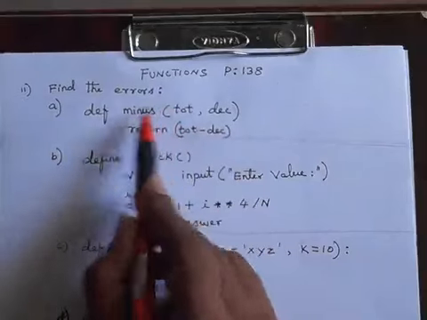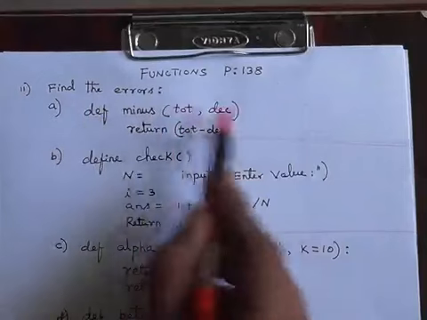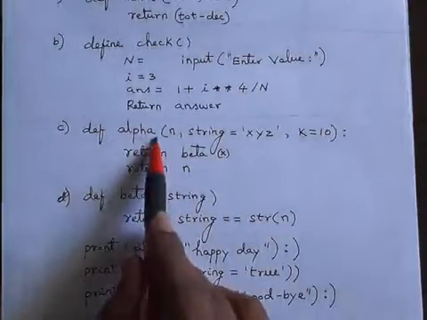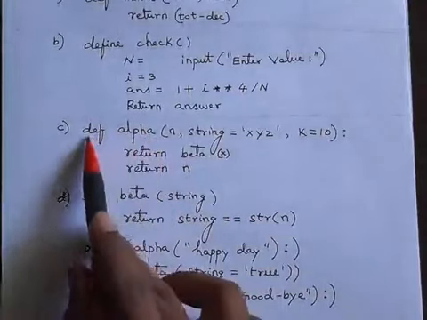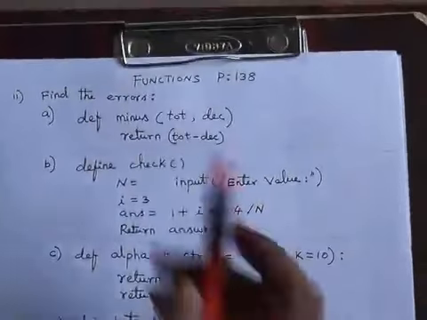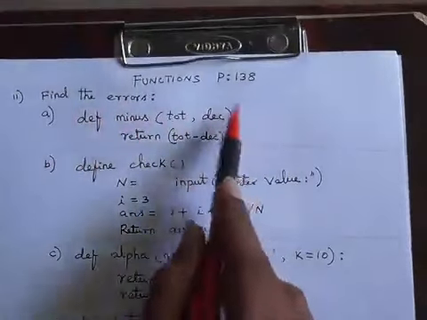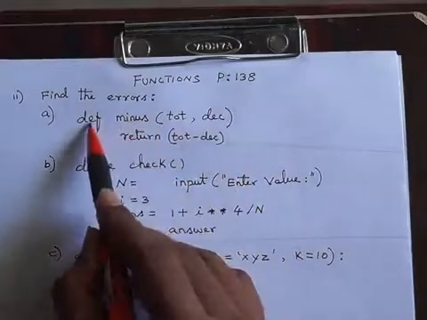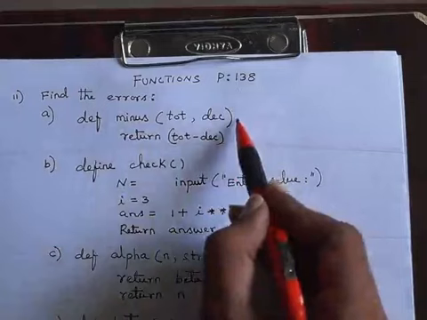Before the minus, def is there, and here what is missing? You see, in this alpha function, before alpha def is there, and at last colon is there. Okay. So in this A function header, what is missing? Yes, here def should be coming, and here what is missing?